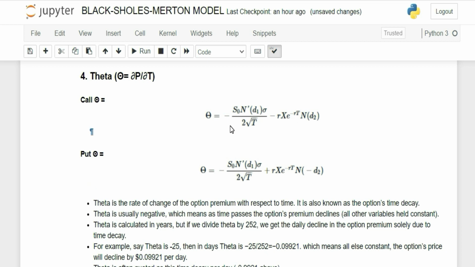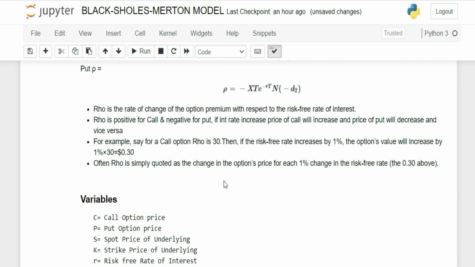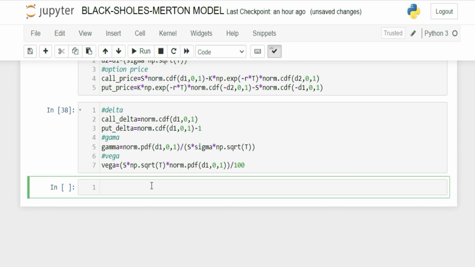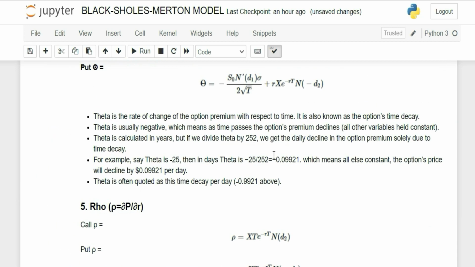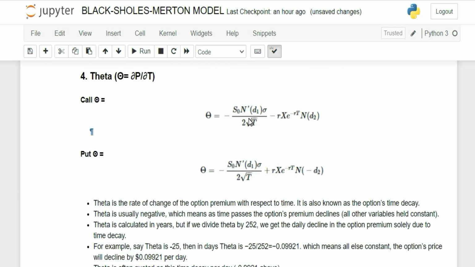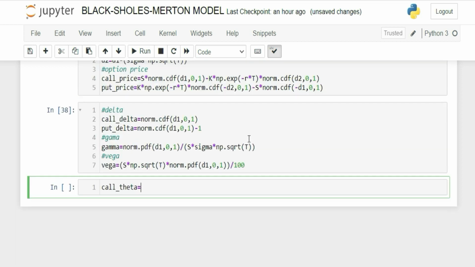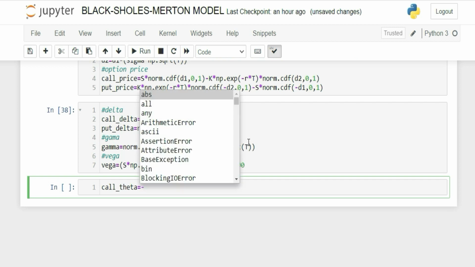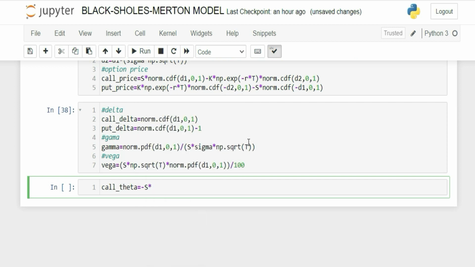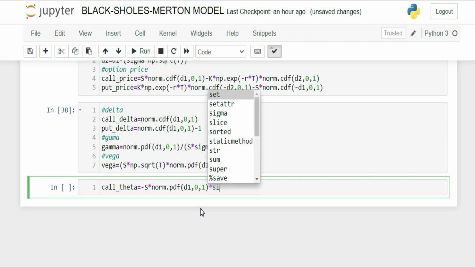So let's first start with the call theta. The call theta is equal to minus S into N dash d1 into sigma.